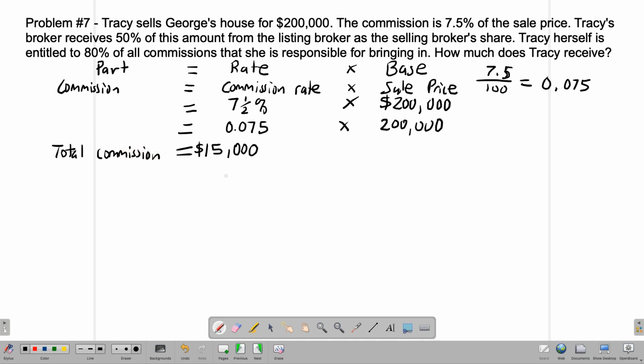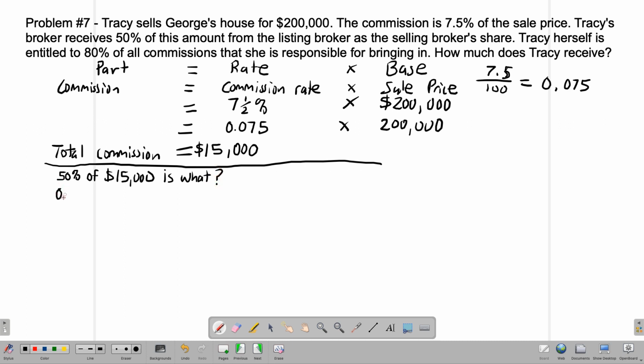Okay, now what we want to do is, we'll leave that there. Tracy's broker receives 50% of this commission. So we show that 15,000. You ask the question, 50% of 15,000 is what? It comes out to be an equation.